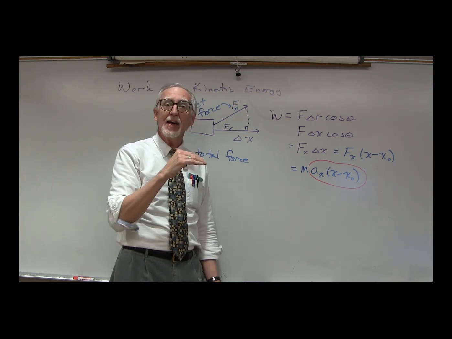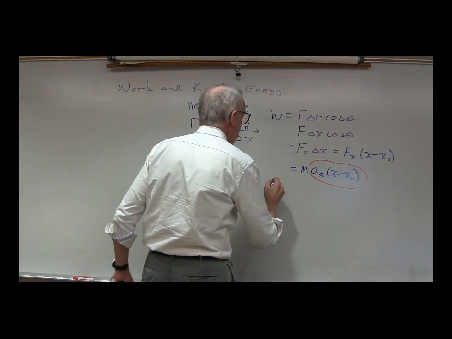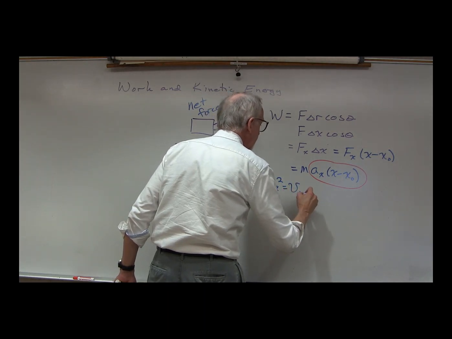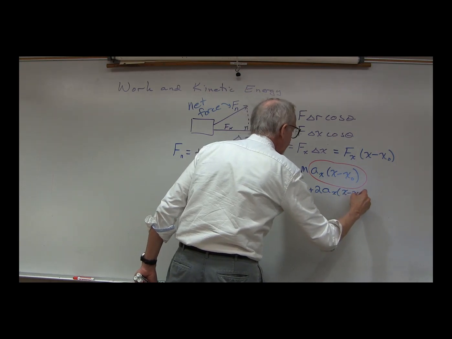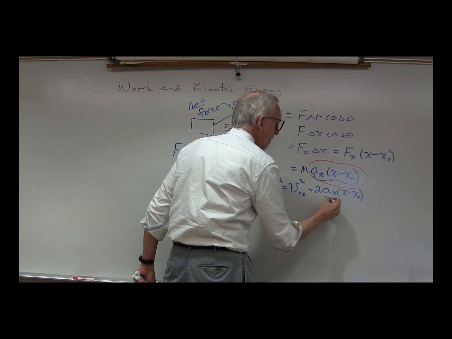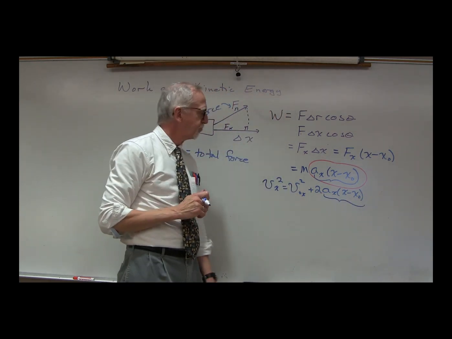It's the fourth x equation. In other words, remember, v sub x squared equals v naught sub x squared plus 2 a sub x times x minus x naught. So this term is this part right there, a sub x times x minus x naught.